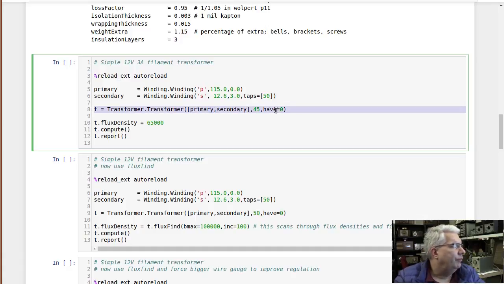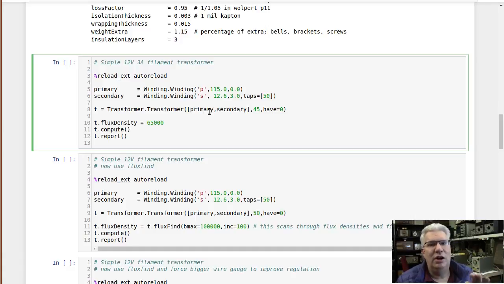and I'm going to wind the primary on first, then I'm going to wind the secondary. I read that when you wind transformers, you want to put the small gauge wire on the bobbin first, because it has to make that sharp turn around the bobbin corner, and then you wind the heavier windings on second.